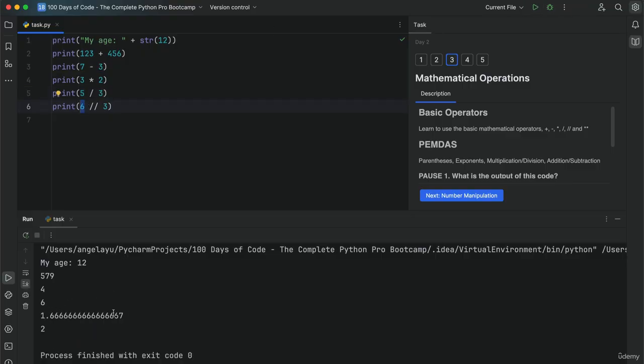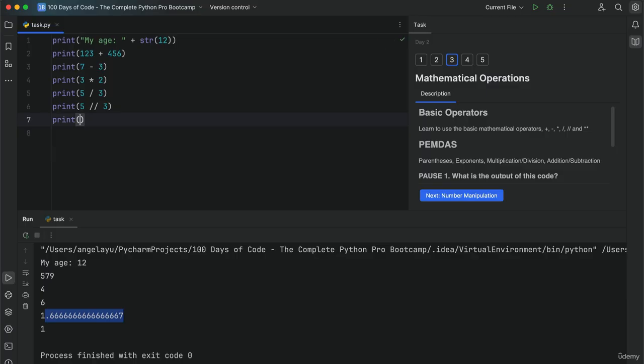That's 1.6 recurring. So if I change this into 5 divided by 3 using the double forward slash, you'll see that it just gives me 1 and it wipes out all the rest of the numbers in this integer conversion, which can be quite dangerous if you're working with scientific numbers. But it can be useful when you know that you want an end result that has no decimal places.